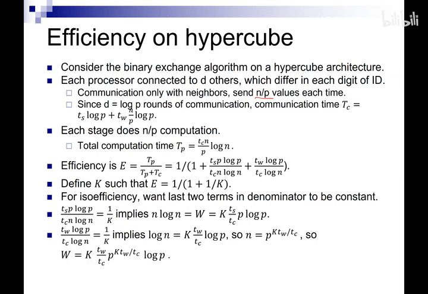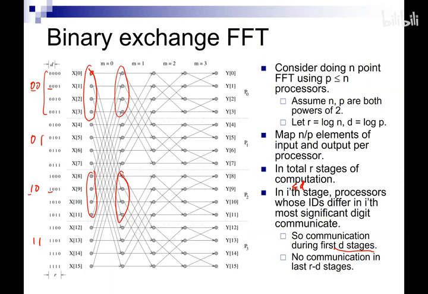Then w here is equal to n log n, so we have this expression for n and the total amount of work. The total work is n log n across all of the processors, because you have log n stages, and each stage involves n amount of work.